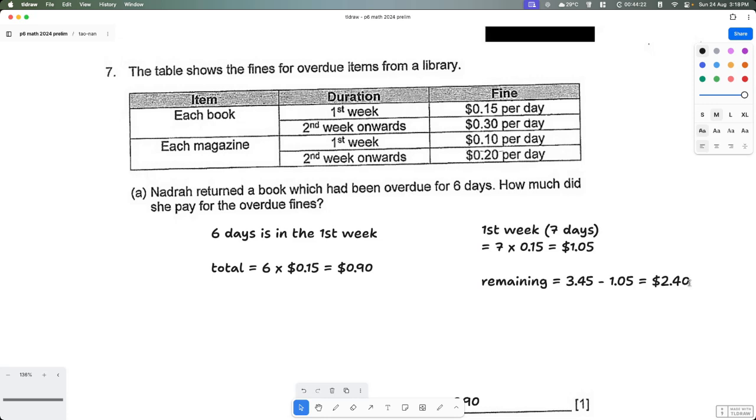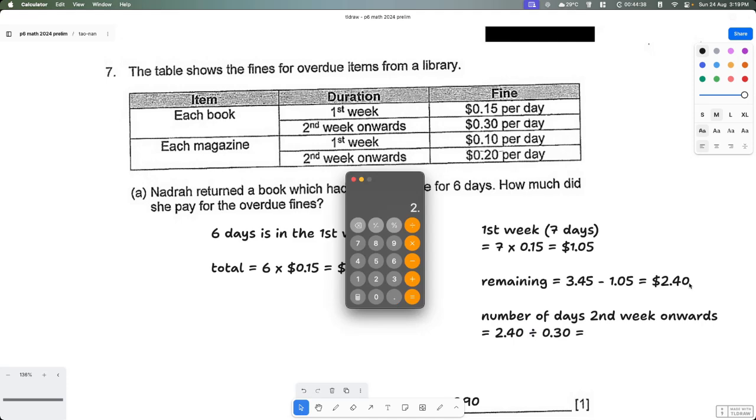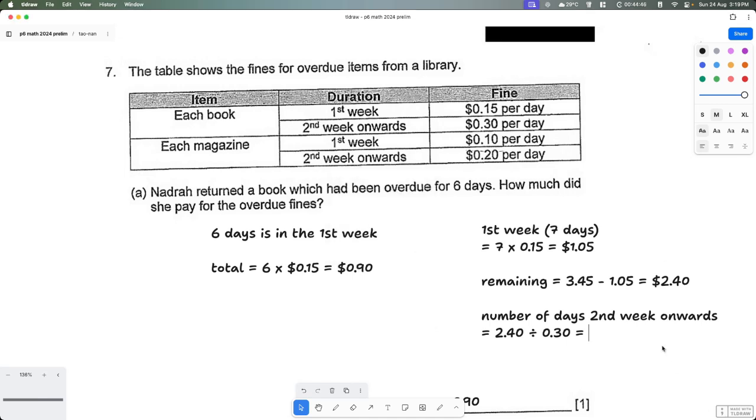So that means number of days from the second week onwards is equal to 2.40 divided by 0.30, which should be 8 days.